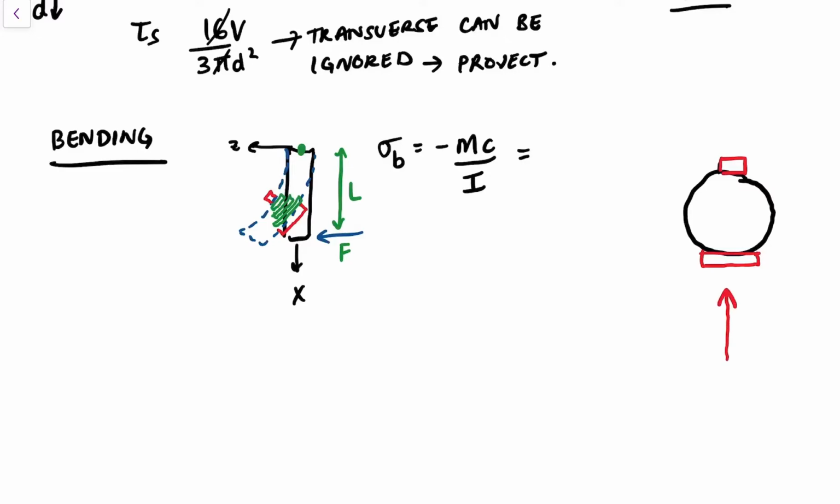Convince yourself of that: the force coming in this direction is going to bend it even though the force is parallel to the cross-sectional area. Wait, sorry. I drew it the wrong way. So not the cross-sectional area, but rather the length. Sorry about that.